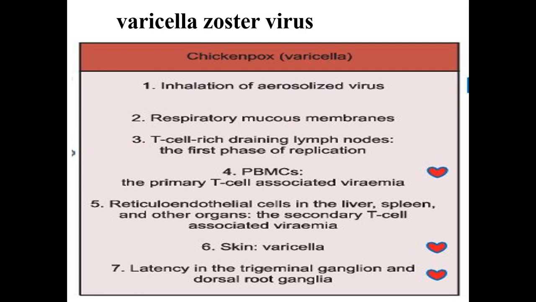Then PBMCs carry the primary T-cell associated viremia to the reticuloendothelial cells in the liver, spleen, and other organs, followed by the secondary T-cell associated viremia. The next process is the skin, where varicella appears, and the last process is latency in the trigeminal ganglion and the dorsal root ganglia.